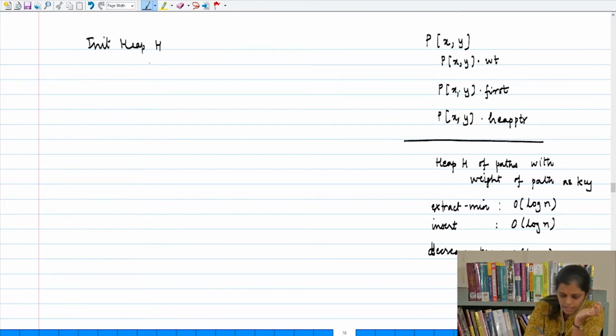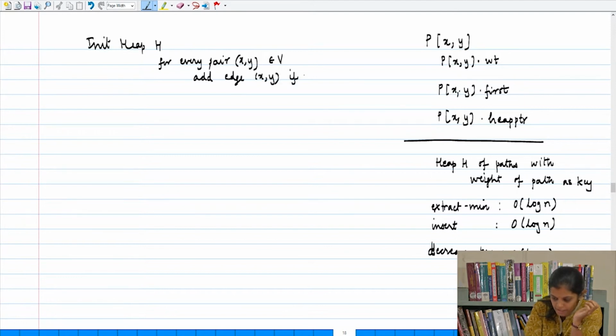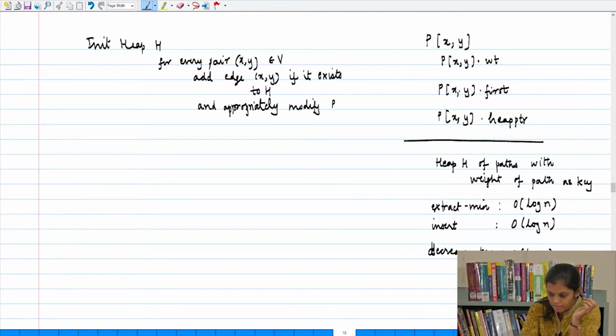So we say: initialize heap; for every pair xy belonging to V, add the edge xy, if it exists, to H, and appropriately modify pxy.